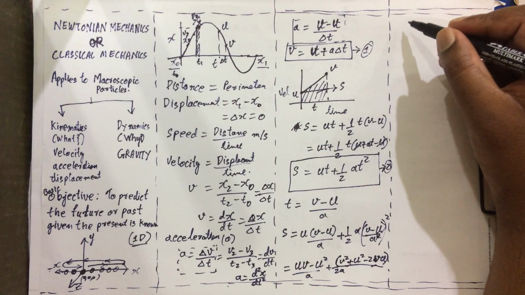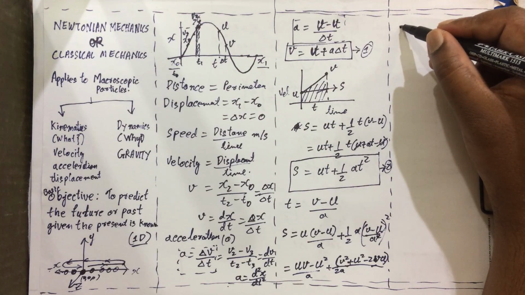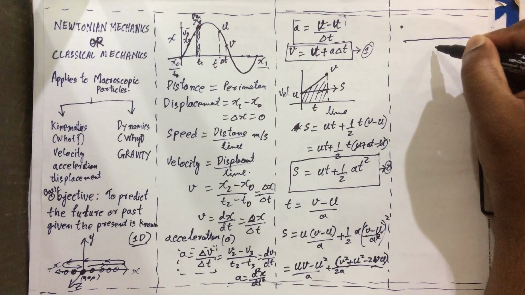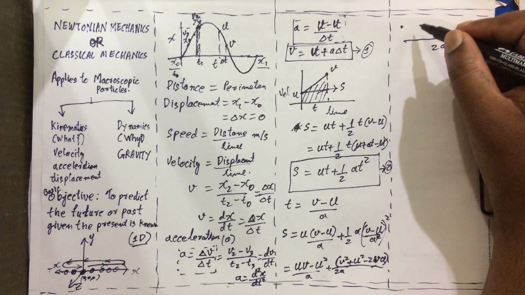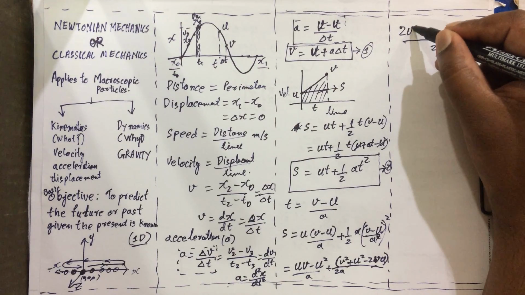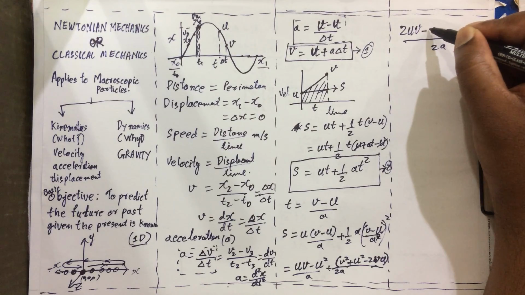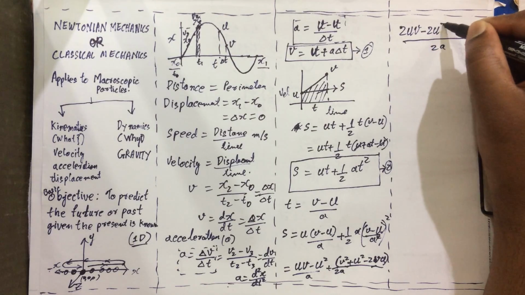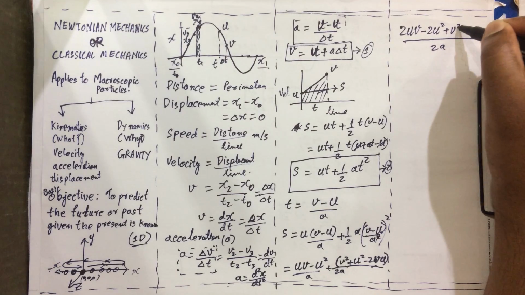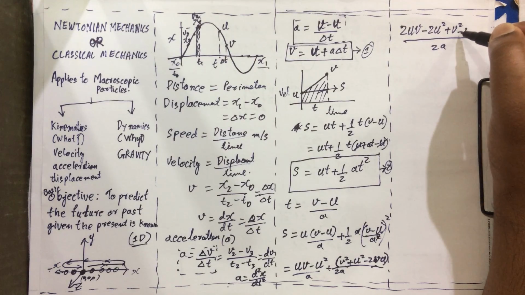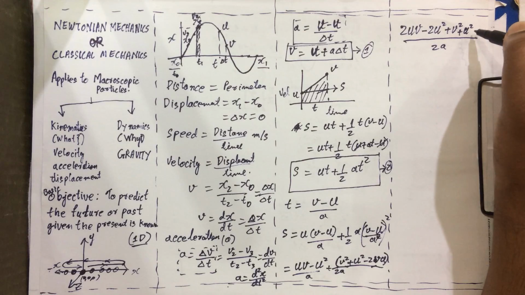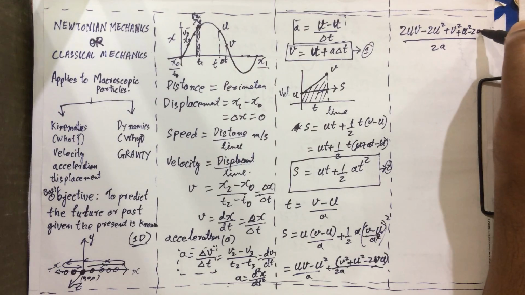On further solving this, if we take 2a in the denominator, we'll get s equals 2uv minus 2u square plus v square plus u square minus 2vu.